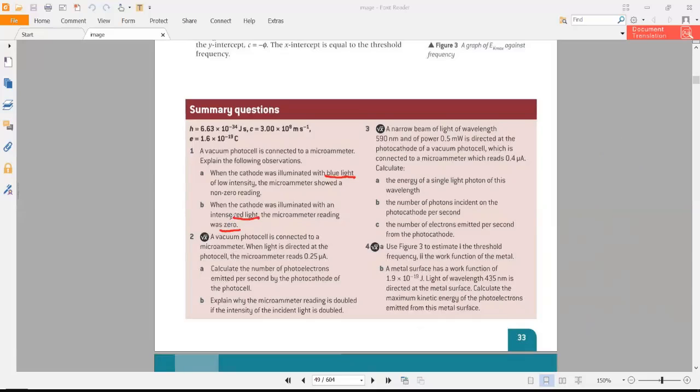Actually, for this you need to remember the electromagnetic bands: radio wave, infrared, visible, ultraviolet, X-rays, gamma, cosmic rays.